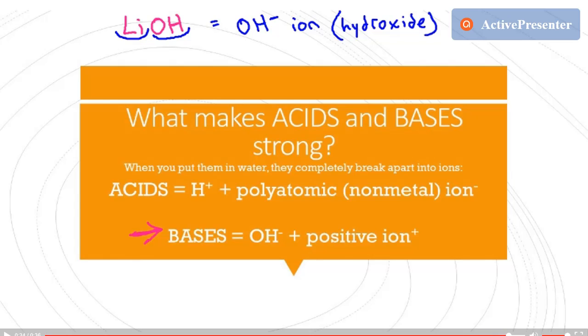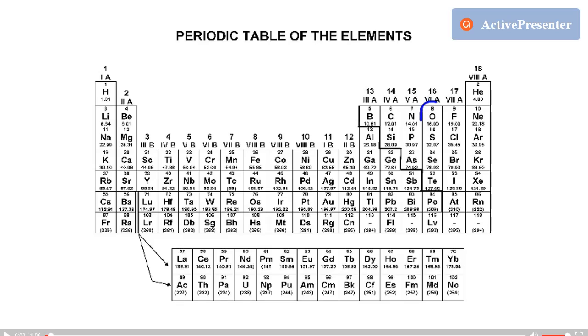If you look on the periodic table, here's the O for hydroxide. This column is going to have a -1, this column is going to be -2. So the O is going to have a -2 charge by itself as oxide.